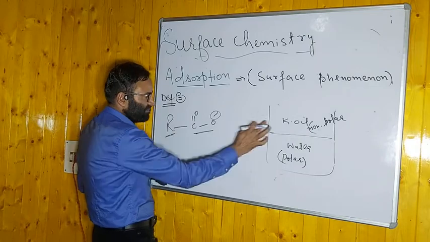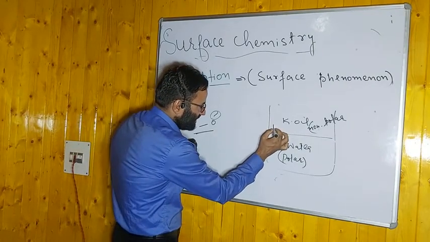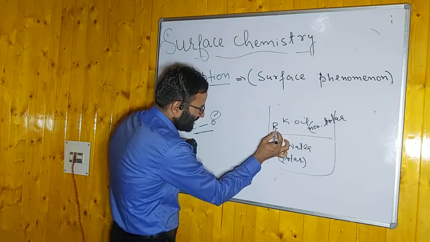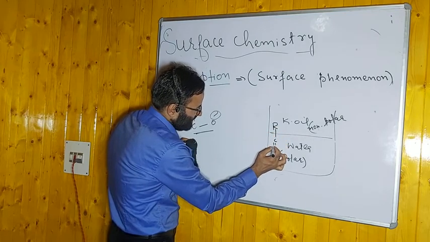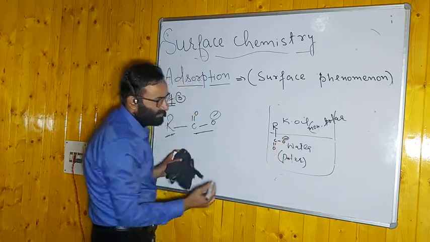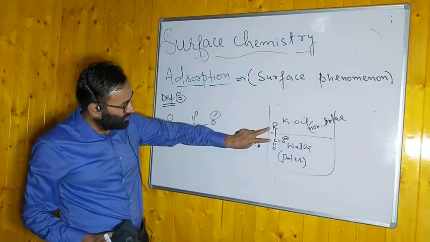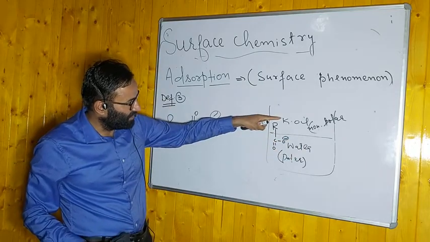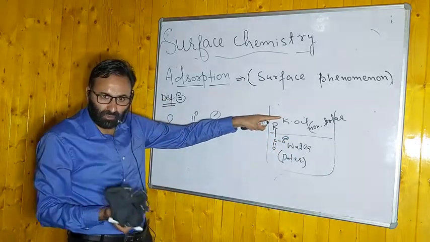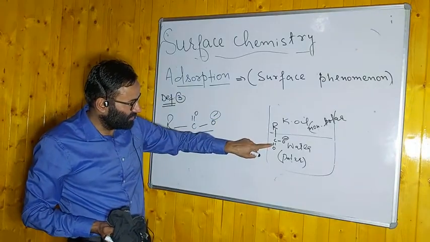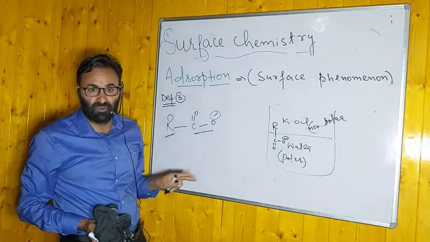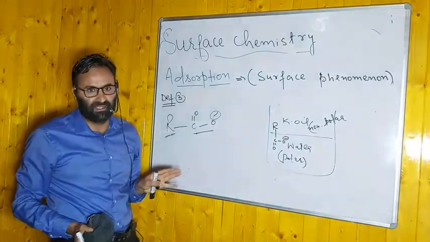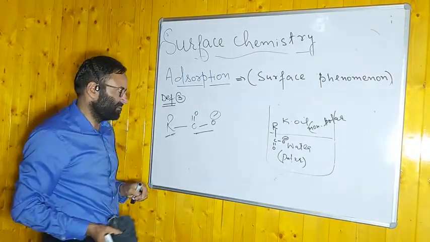It means that the soap molecules will accumulate on the interface. This is the interface. The R part will remain in the non-polar kerosene, and the polar C double bond O minus part will remain in the water. It means that soap particles get accumulated on the interface. You can also remember this example.